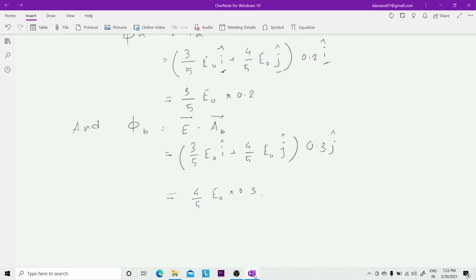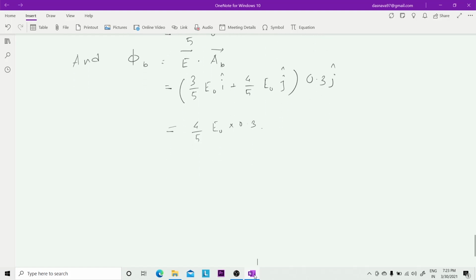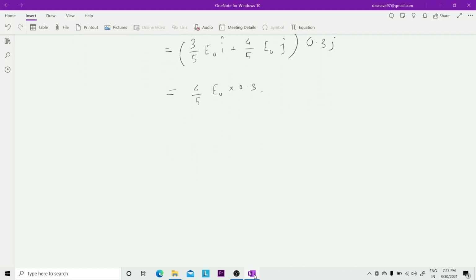अभी अगर रेशियो निकालना पड़ेगा, तो रेशियो phi A by phi B equals A by B equals 3/5 E0 into 0.2 by 4/5 E0 into 0.3.